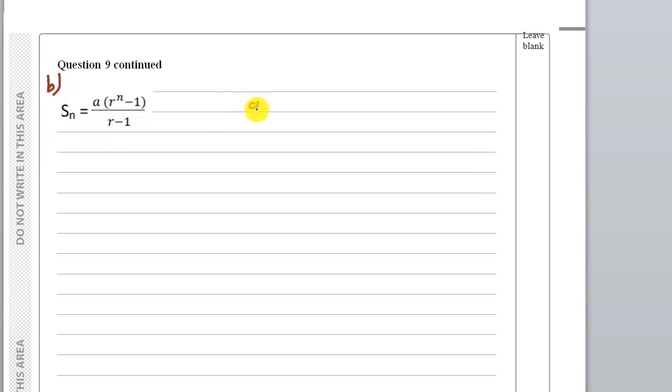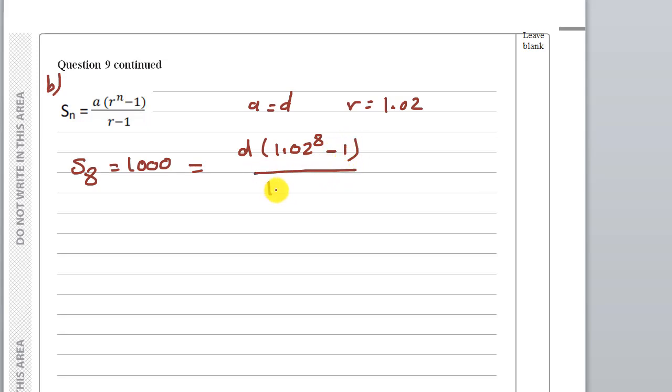This is the equation: A equal to D and R equal to 1.02. So S8, which is equal to 1000, is equal to A equal to D, 1.02 power 8 minus 1, divided by 1.02 minus 1.